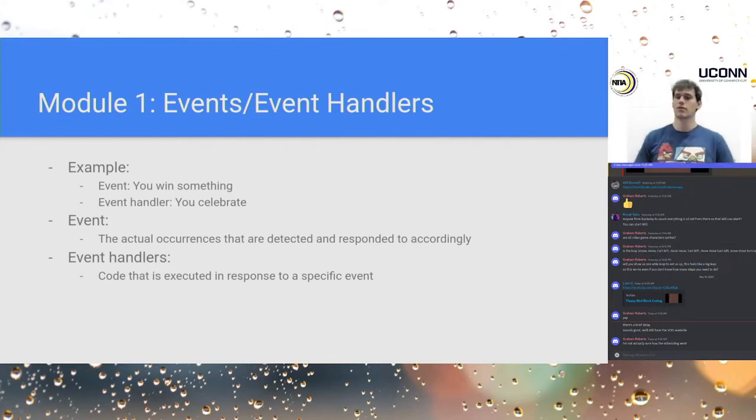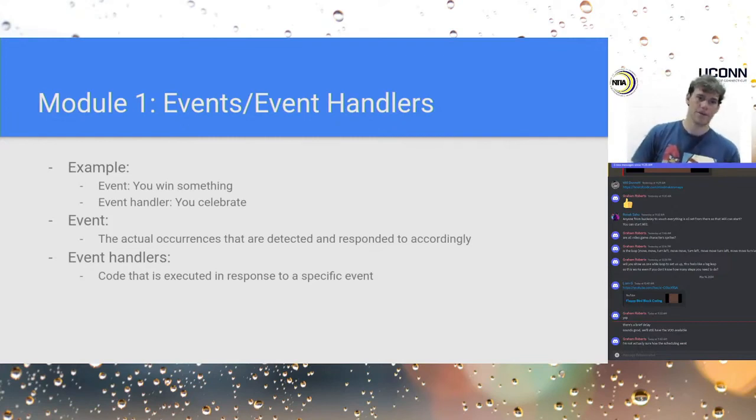So in the real life example where you win something, someone might celebrate as a reaction to that success, to the win. So you have your event, which is the win. You win something. You have your event handler, boom, that is you celebrating the win.